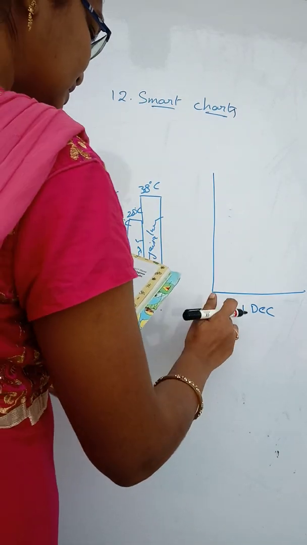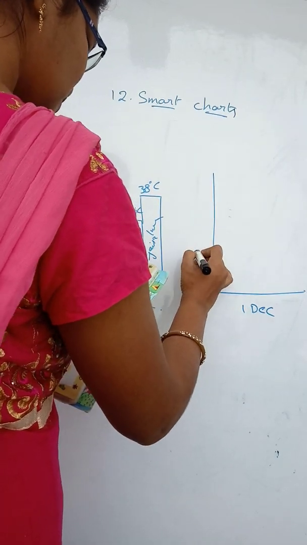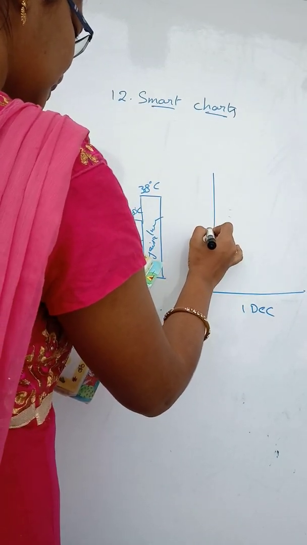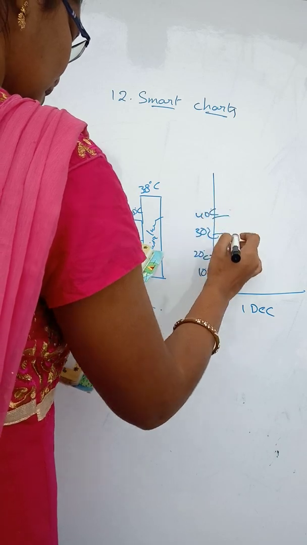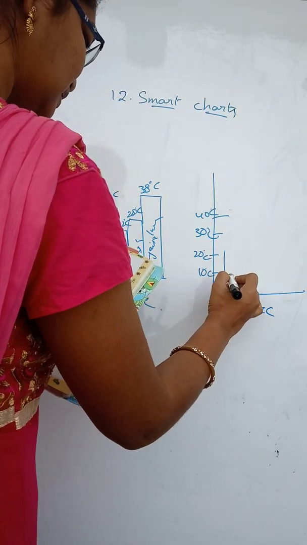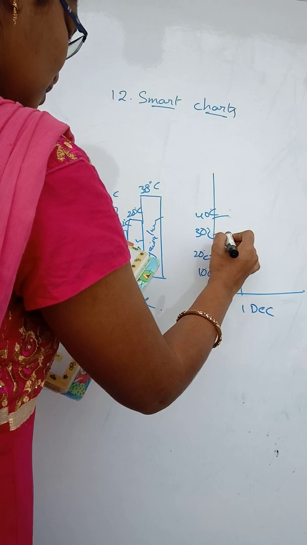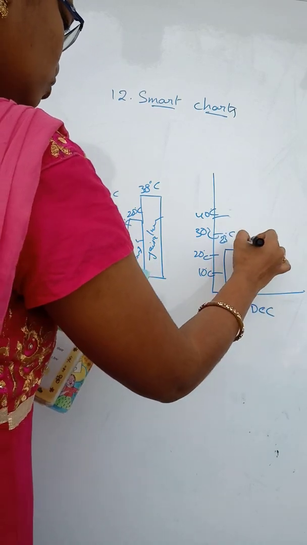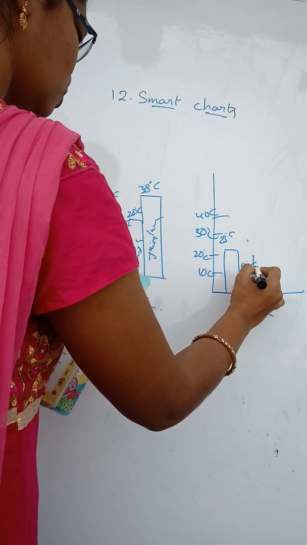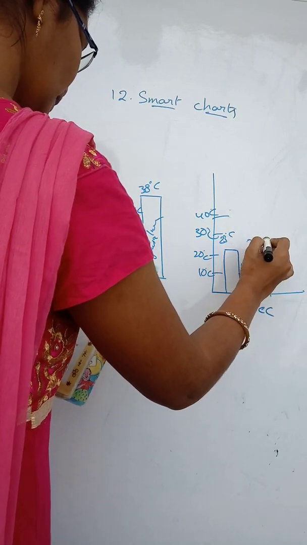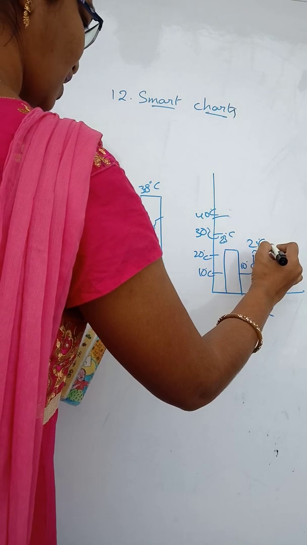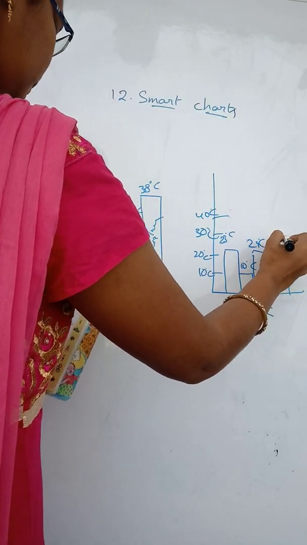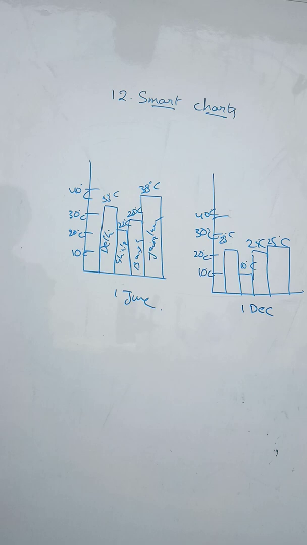On 1st December, same scale: 10 degrees, 20, 30, 40. In Delhi 23 degrees temperature is there. In Shimla only 10 degrees. In Bangalore 24 degrees. In Jaisalmer 25. Like this they gave on different days in the same cities.